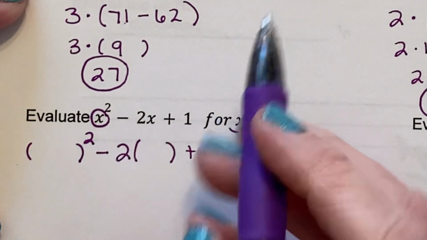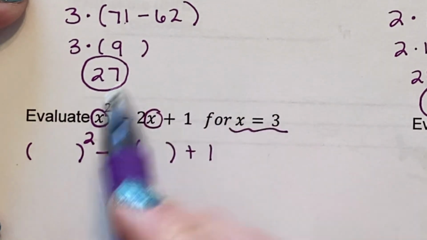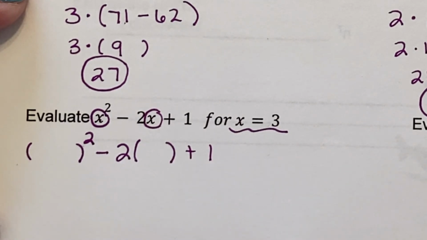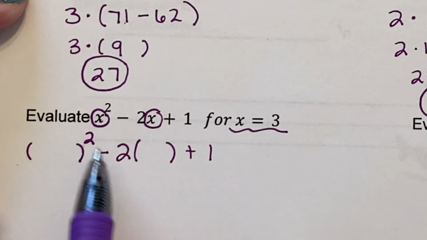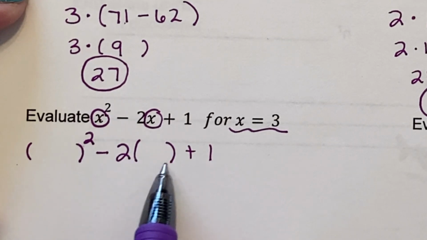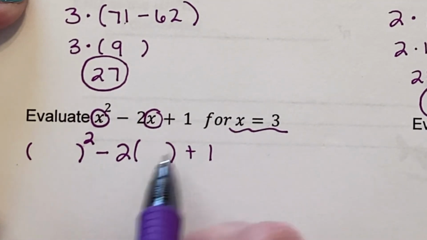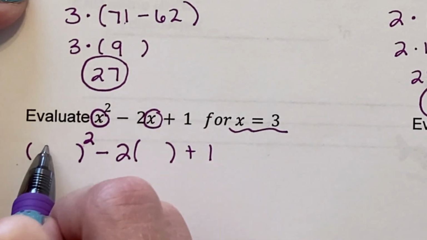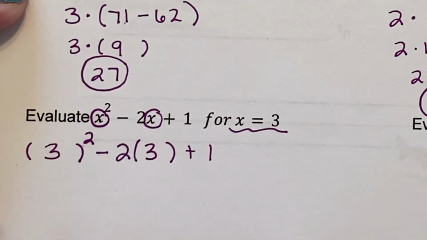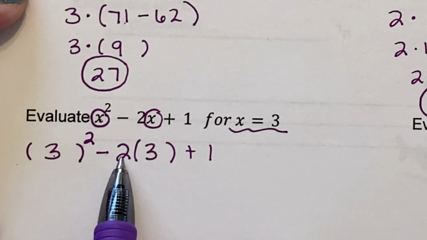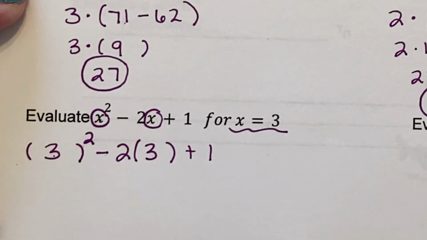Notice right here, I just replaced this variable x with parentheses. So here's x squared minus 2x plus 1, and I'm going to replace what's in the parentheses with a 3. So this is saying I have 3 squared minus 2 times 3 plus 1. Take a moment and see why that works.